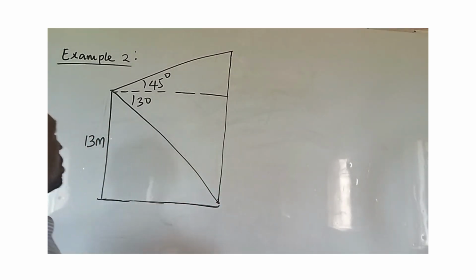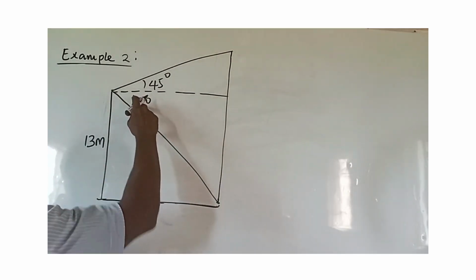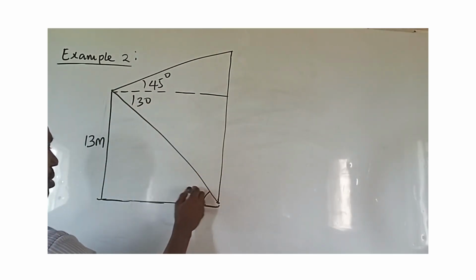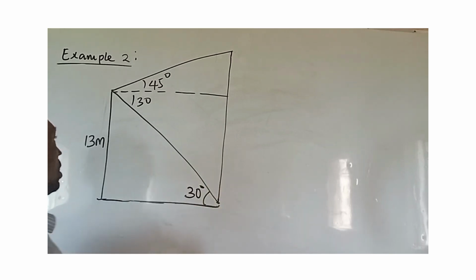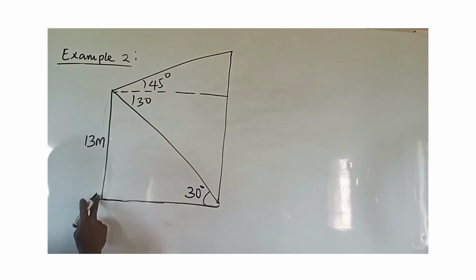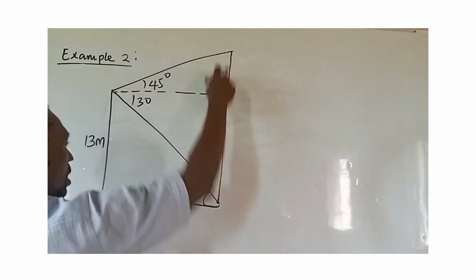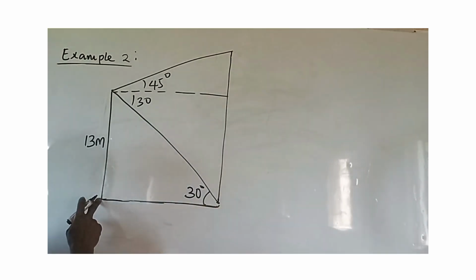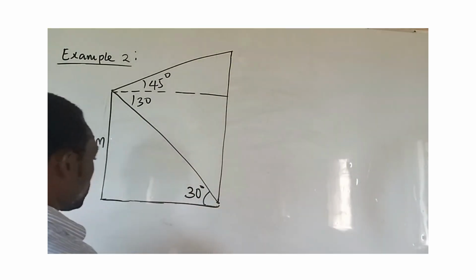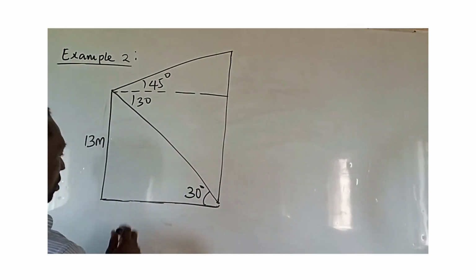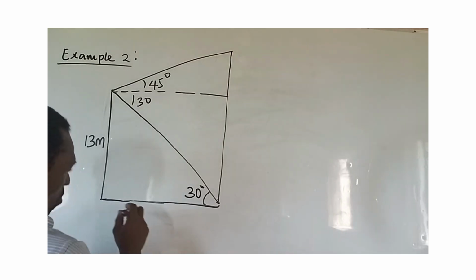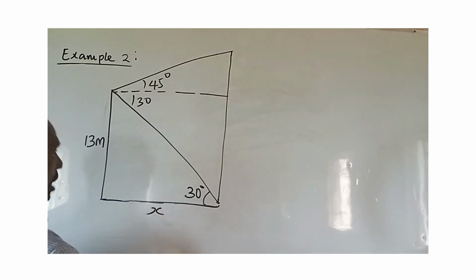And from our knowledge of geometry, we see that this 30 is alternate to here. So here is 30 degrees. And this is the height of the first tree. This is the height of the second tree. This is the distance between the first and the second tree, which we don't know, so we may call it x.